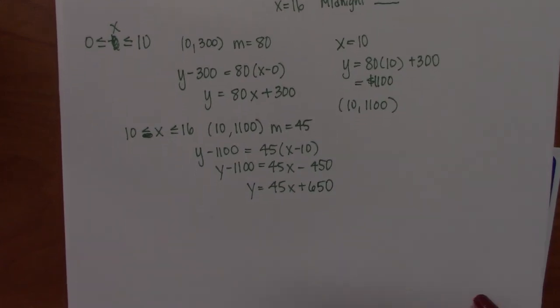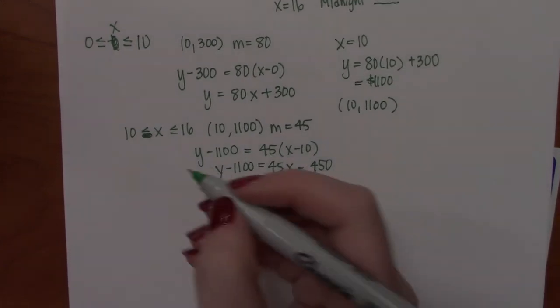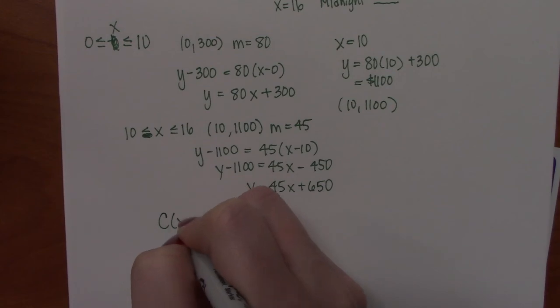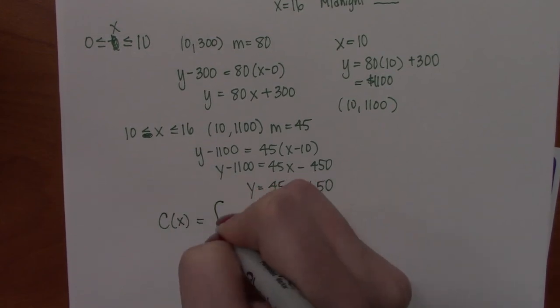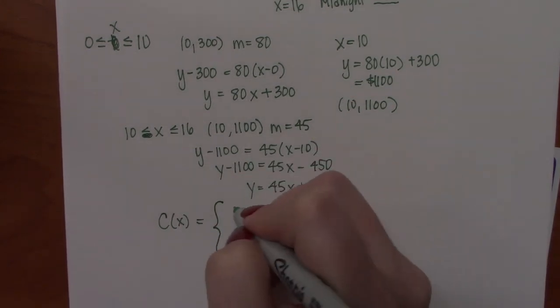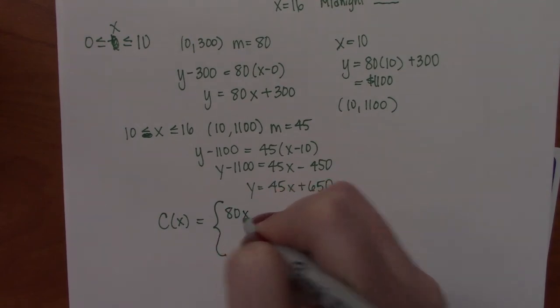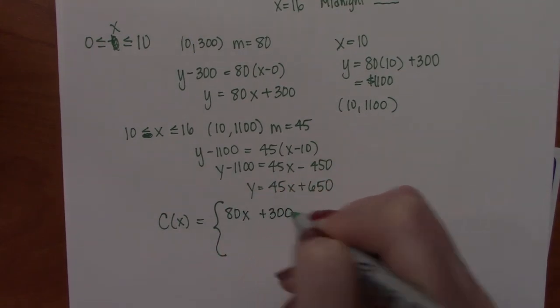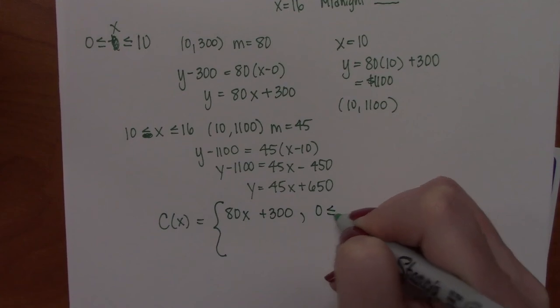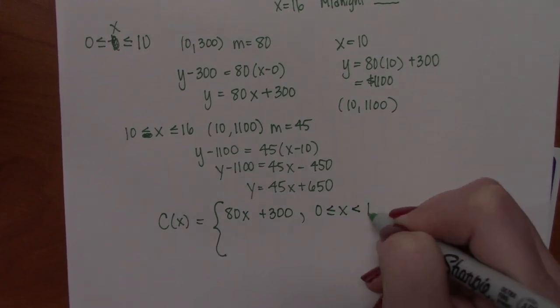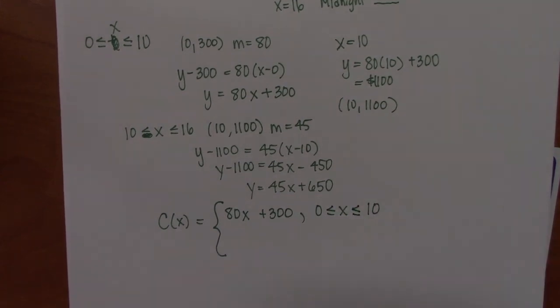So if we want to write the final model, here's what it's going to look like. The cost says, well, for the first 10 hours, it's 80x plus 300, and that is when x is between 0 and 10.